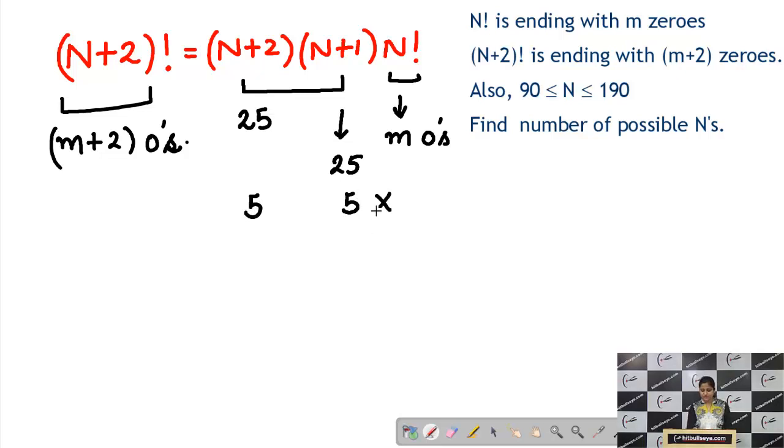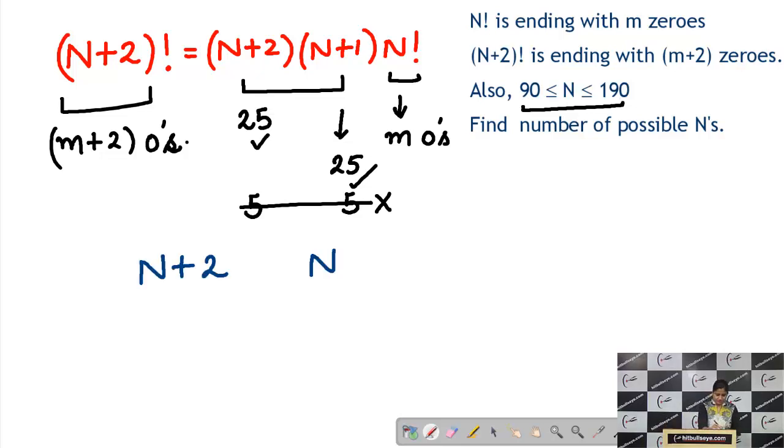Of course, the third one is not a possible case, because n plus 2 and n plus 1 are consecutive numbers, with a difference of 1. Since they are consecutive numbers, they cannot simultaneously be multiples of 5. So this case is rejected. These are the only 2 possibilities. It means in this range 90 to 190 we will consider all the multiples of 25.